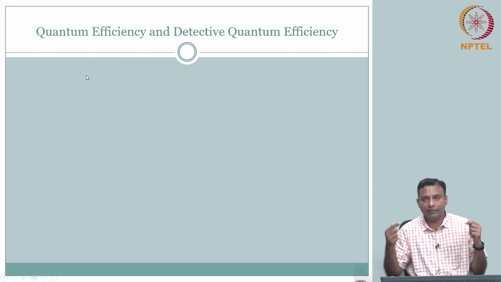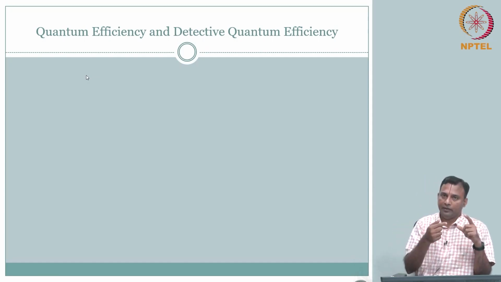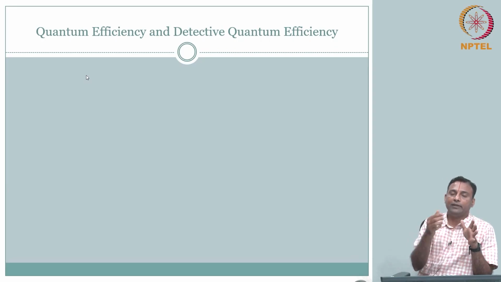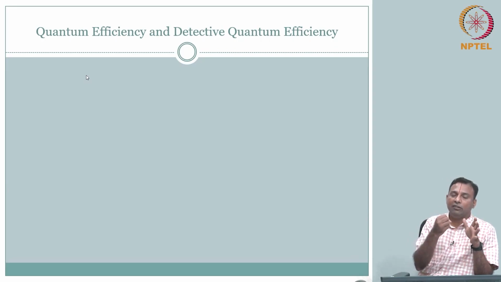The process is I have an X-ray photon coming in. In the detector, what is going to happen? This X-ray photon has to be converted to a light photon, right? We are interested in this with the intensifying screen. That's the paradigm that we are talking about.